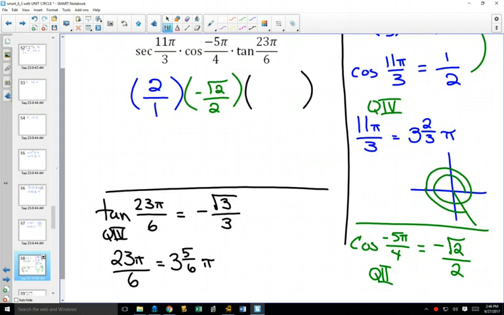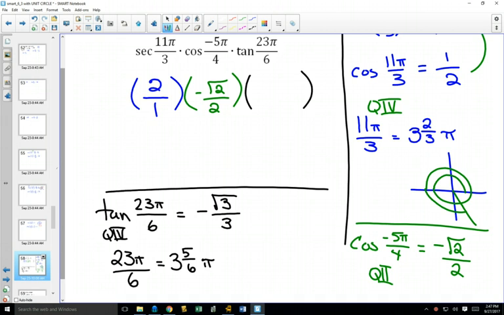So 23 pi over 6, and this is what you did yesterday and hopefully got finished last night with your homework, was with all of the pi over 6 ones, 23 pi over 6 is coterminal with 11 pi over 6. Its reference angle is pi over 6. And the nice thing about radians is that if you see an angle like this and it doesn't reduce and it's pi over 6, that's its reference angle.